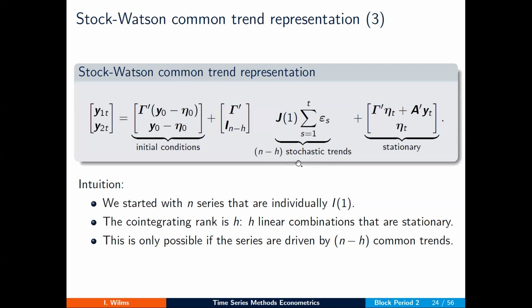So I originally had n series that are non-stationary. There are h co-integration relations among the series that are stationary. So that means that the series are then jointly driven by n minus h, the difference between the both, of common trends, which are nicely centered out here in this common trend representation.